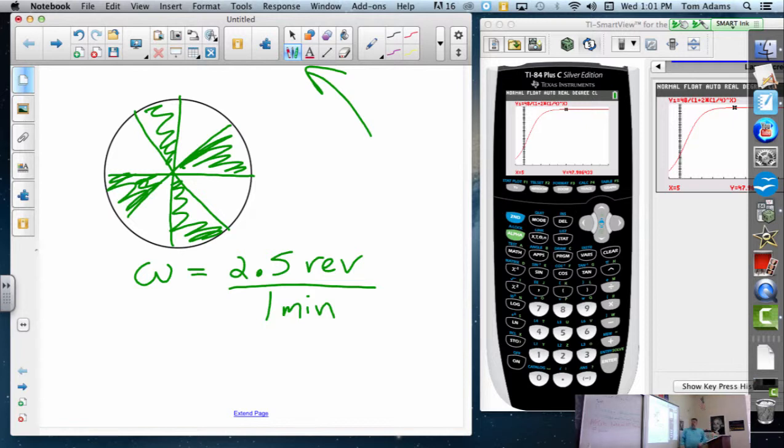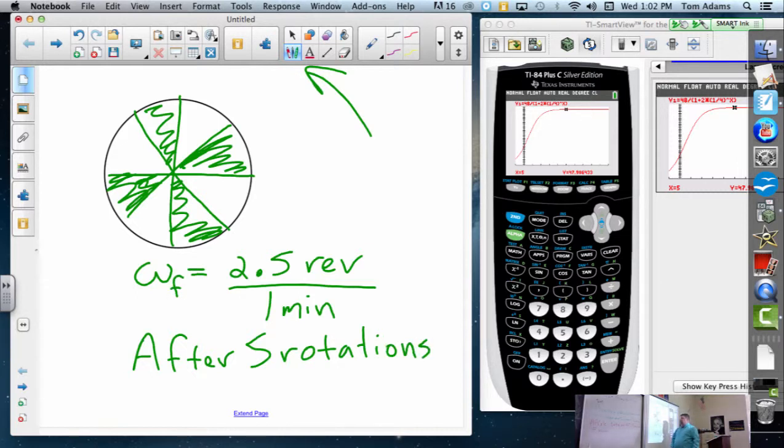Now, it says it does that in 5 rotations. So this is technically its final angular velocity.